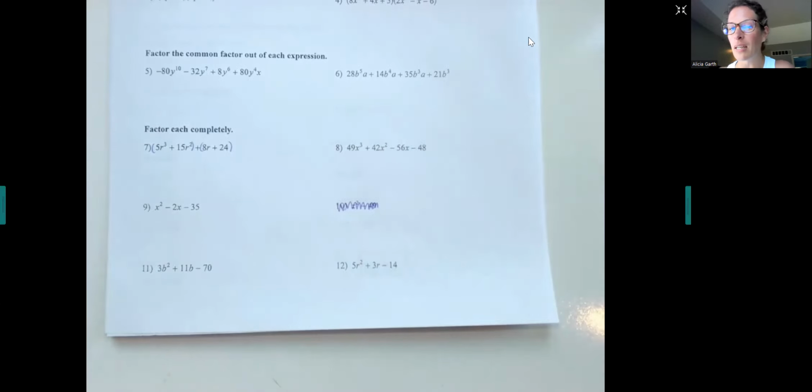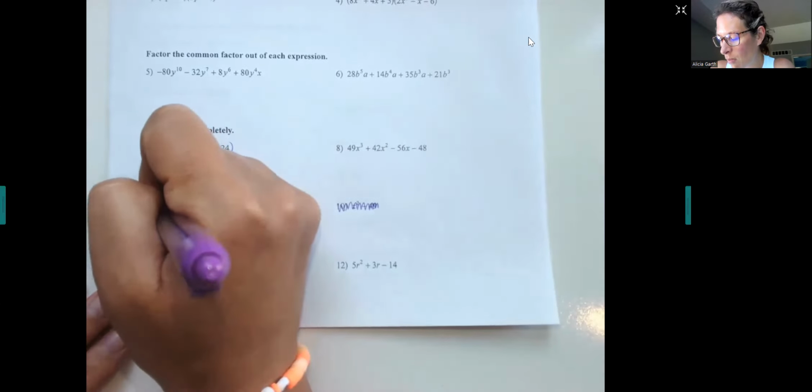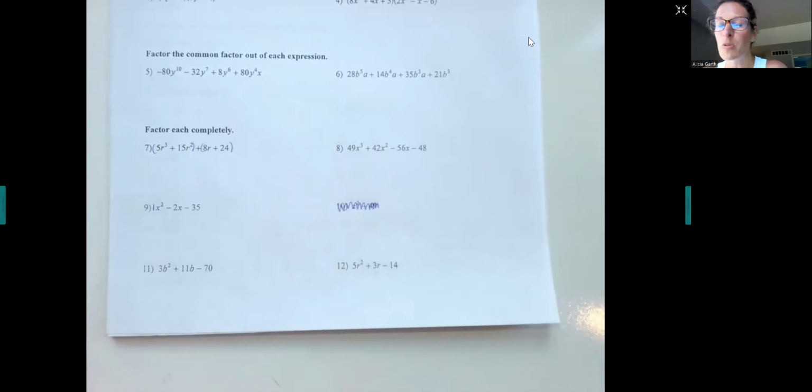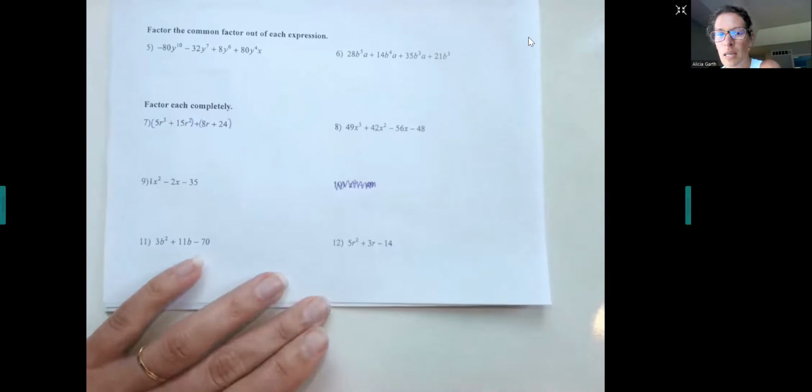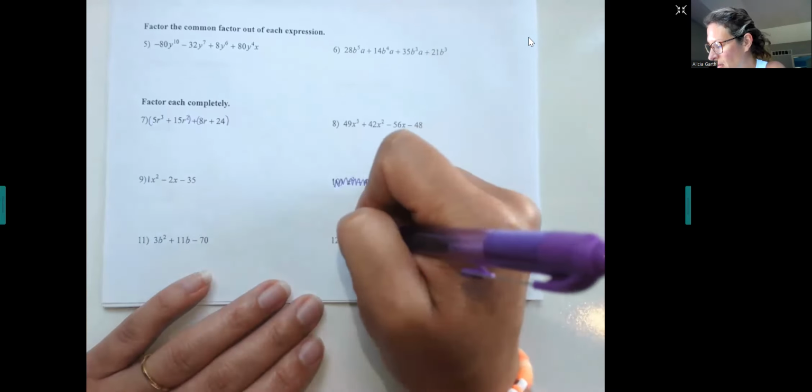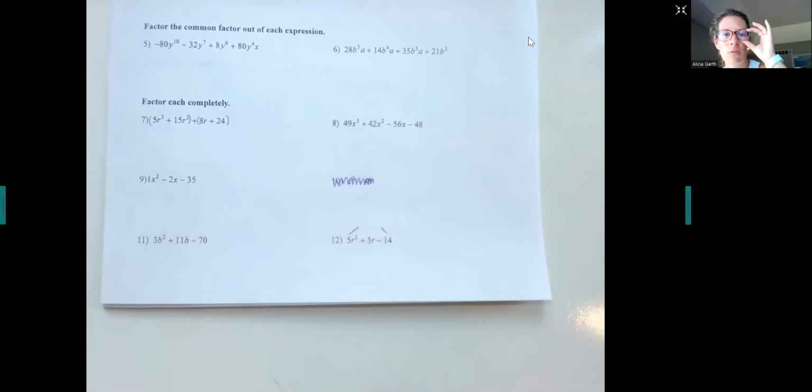You can do number 9 exactly like I'm teaching you if you put a 1 in front of it. So if you've never factored before, all of these, 9, 10, 11, and 12, can all be factored the exact same way. What we're going to do is multiply our two outside numbers together.